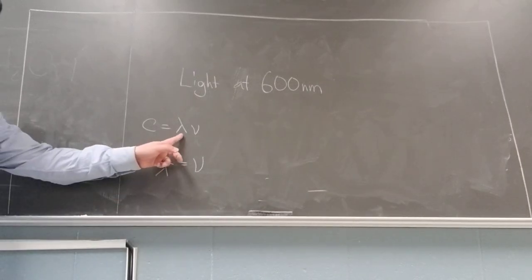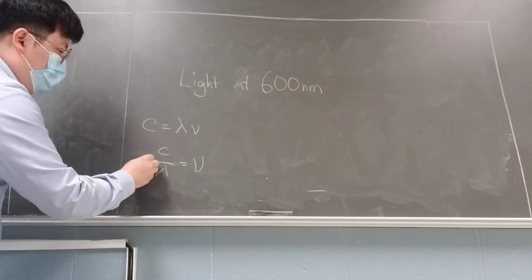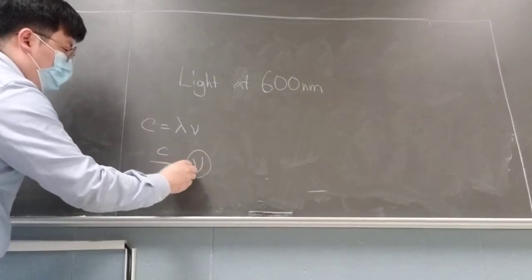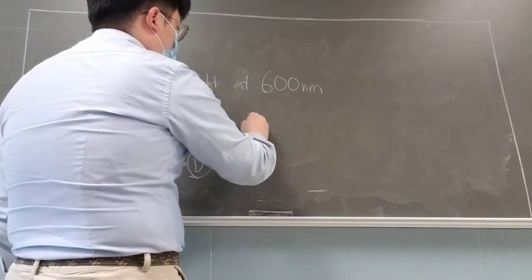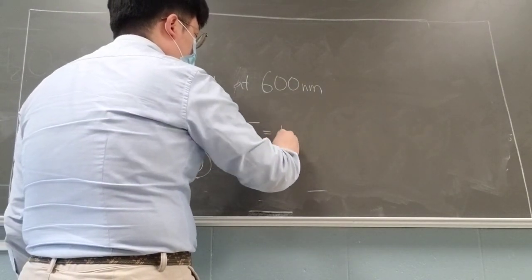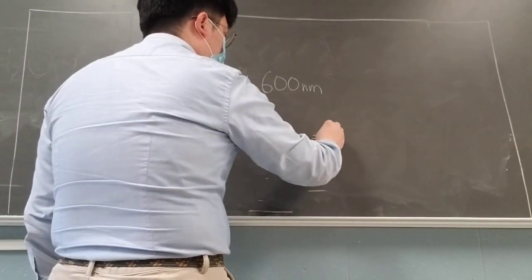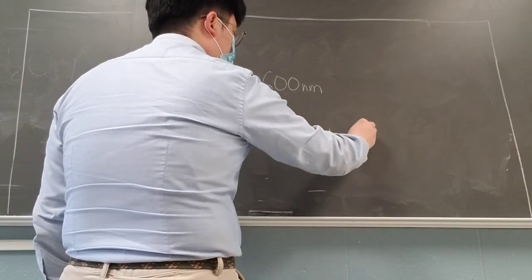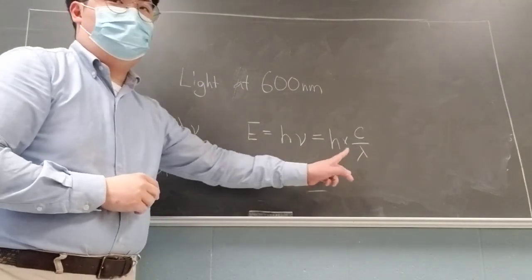I just moved this to the other side, so the speed of light divided by wavelength gives you the frequency. So we can do the same here: E equals Planck constant times frequency, and it is also equal to Planck constant times c over lambda, because these two are the same thing.